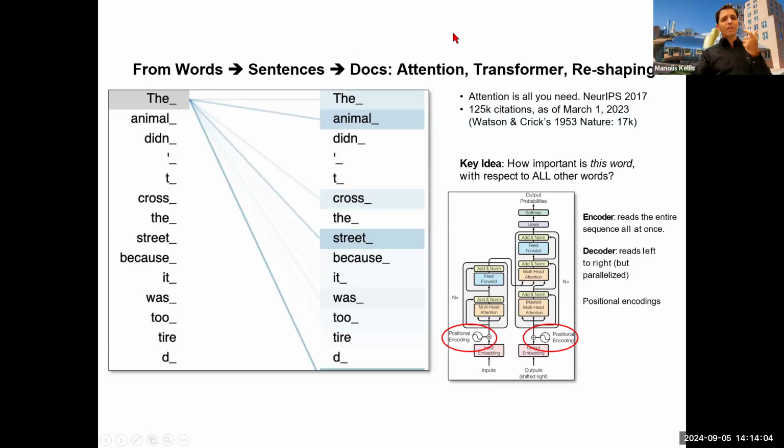And that's where attention comes in. That's where transformers come in. And that's where this whole idea of reshaping the latent embedding representation of a word comes in. So this is the attention that this transformer model learns from just running it on a sentence.